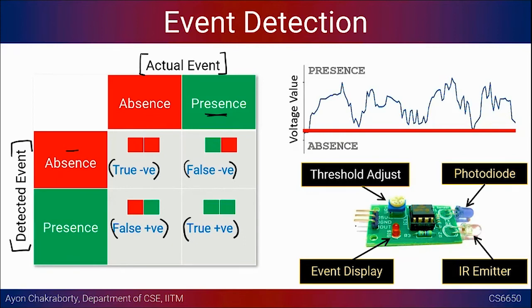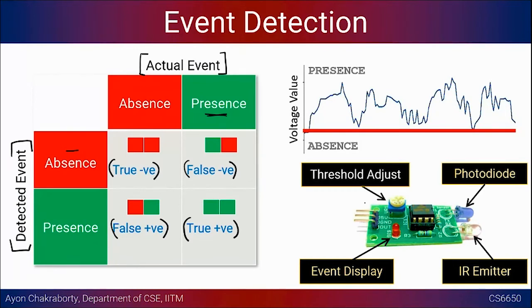In many of this hardware, in commercially available IR photodiodes and IR emitter sets, they already come with a threshold adjust button. And this red LED that you see is for obstacle detection. If an obstacle is detected in front of the robot or wherever you install this sensor, the red light will be on, and otherwise it will be off.